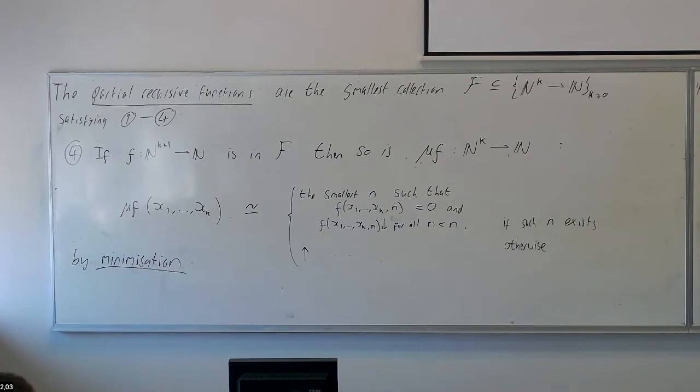But this is just obviously seen to be, well, H1 is addition, so this is the smallest y such that x plus y equals 0. We're searching through the natural numbers, and x is itself a natural number. So in the case that x is 0, the smallest such y, and indeed the unique such y, is 0. And in the case that x is greater than 0, then of course there is no natural number y such that x plus y equals 0.